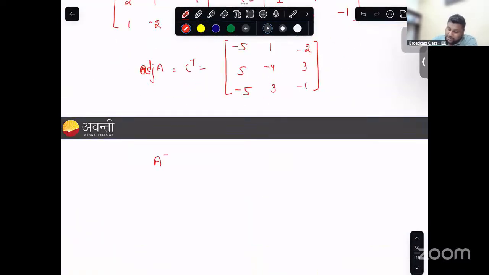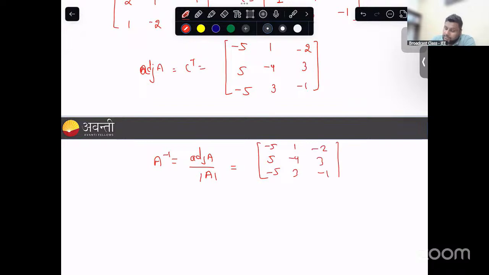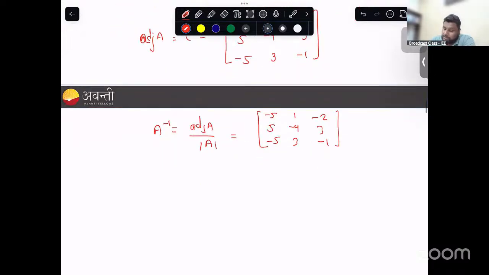So A inverse is what? Adjoint A upon determinant of A. So this is your adjoint upon determinant of A, which is -5.